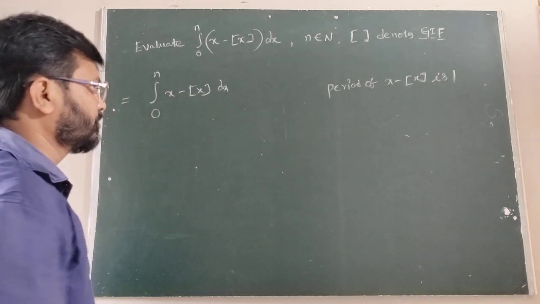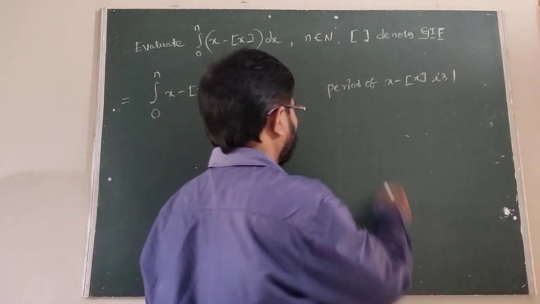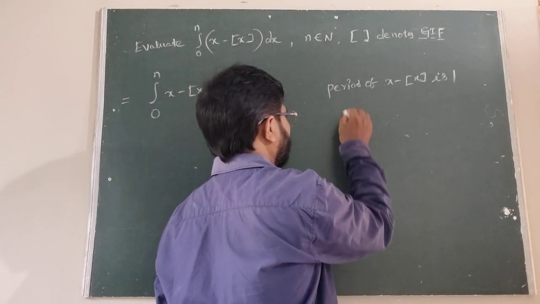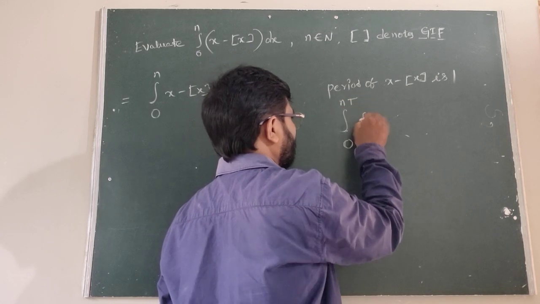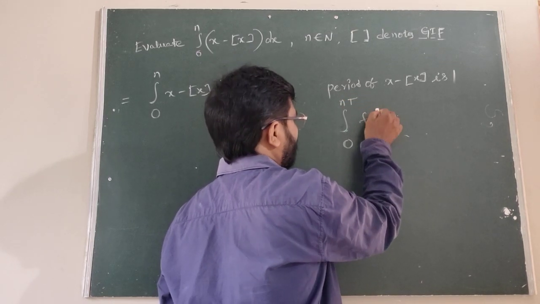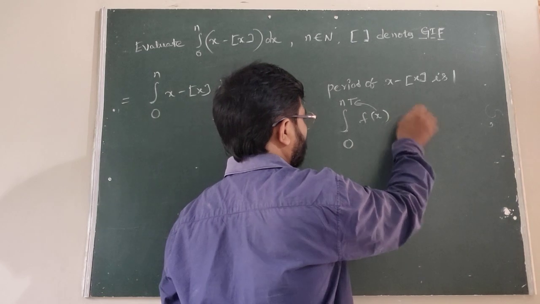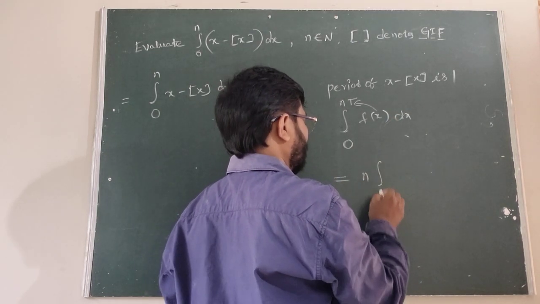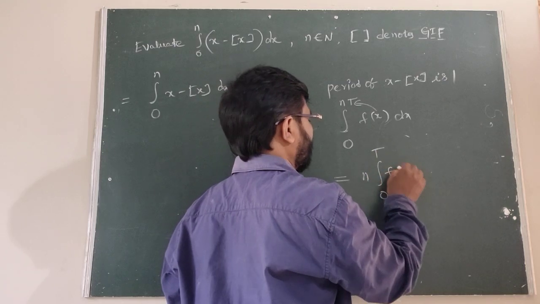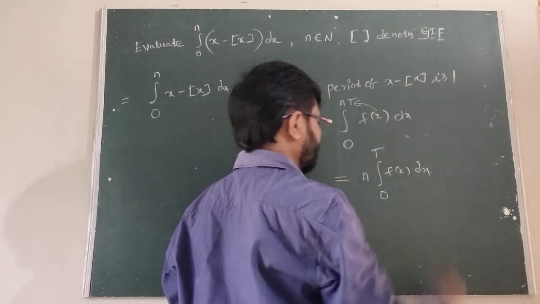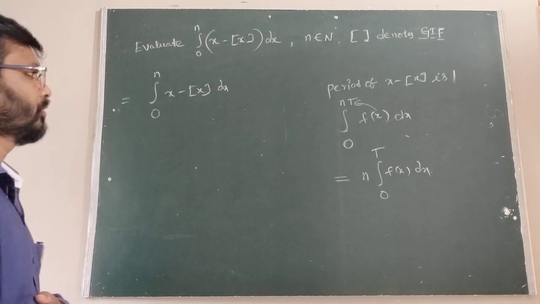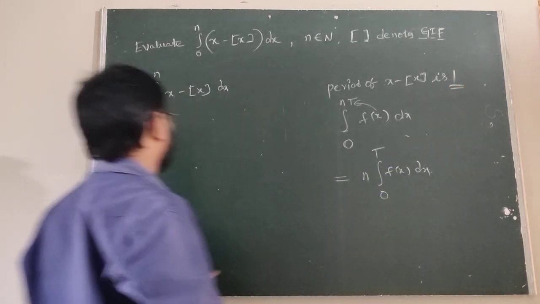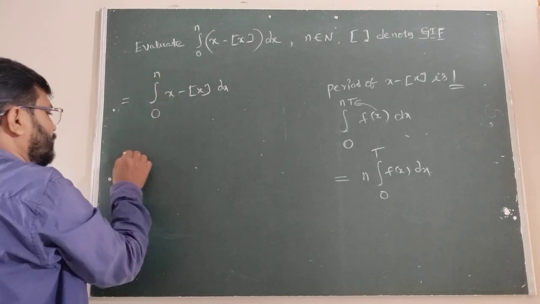When its period is 1, we have to know that the integral from 0 to nT, where the period of f of x is T, can be written as n times the integral from 0 to T of f of x dx. Therefore here the period of x minus step x is 1.